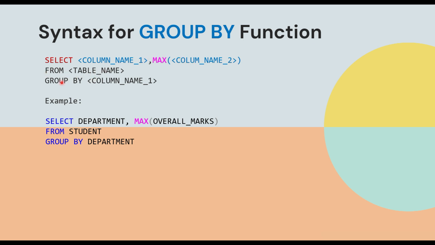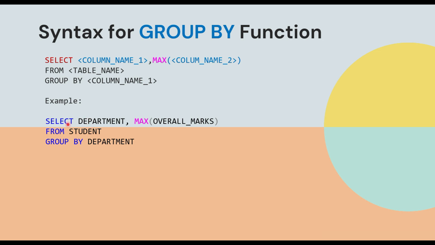Then from table name, and then group by the column which you have specified. Whatever column you are selecting here has to be specified here. For group by you need at least one aggregate function. Here I wanted department wise maximum marks, so this query returns the department wise maximum marks scored by the students.